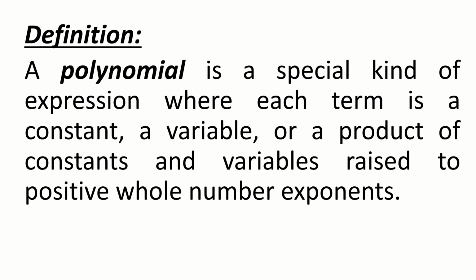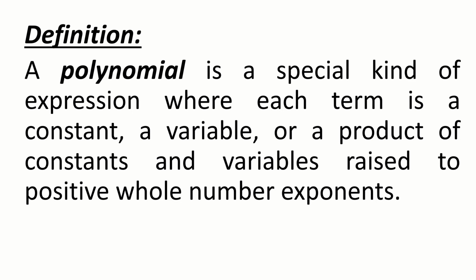Okay, that's correct. We answered all of them as algebraic expressions, but not all of them are polynomials. Because a polynomial is in the first place an expression, but it is a special kind of it. So what makes it special compared to other algebraic expressions?